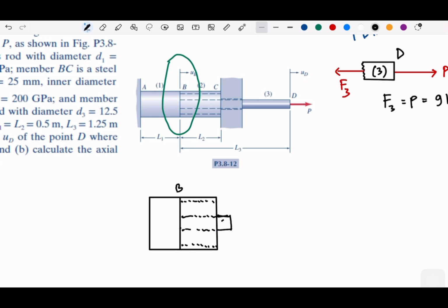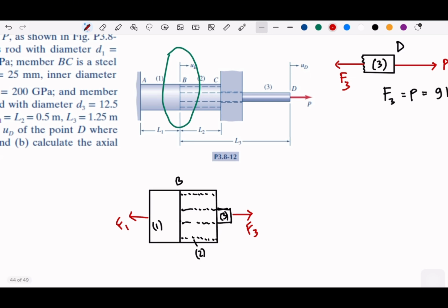This to show that this is element 3, this is element 1, this is element 2, right? So in element 3 we have F3, we have F1, and we have F2 over here, supposedly.